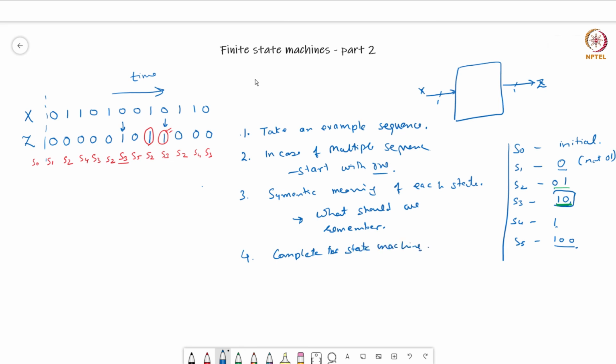Complete the state machine means that for every state, for every input, we should know what the next state transition would be. And the last step is, once the state machine is complete, we should verify. If we are following all these 4-5 steps, then there shouldn't be any problem. We should be able to create finite state machines.